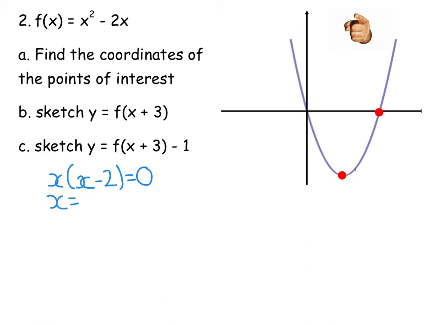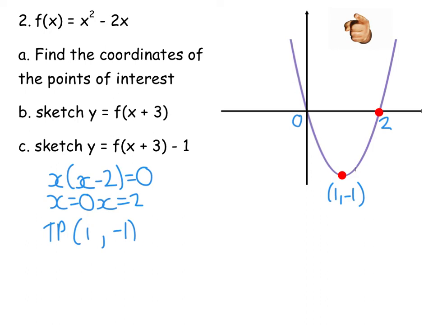So x is 0, x is 2. So my roots are at 0 and 2. Your turning point is right in the middle, so that's at 1. If you plug the number 1 into the equation, you have 1 squared take away 2, so 1 take away 2 is -1. So my turning point is at 1, -1 right now.